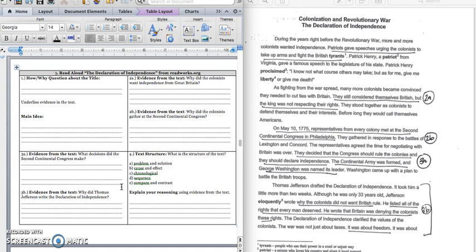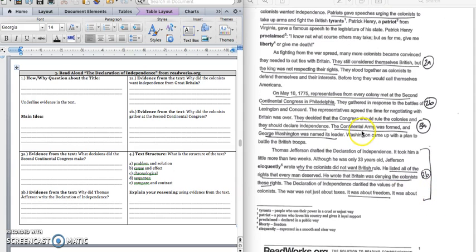It says, why did Thomas Jefferson write the Declaration of Independence? And if we go to our fourth paragraph, that's about Thomas Jefferson writing the Declaration of Independence. We know that in his declaration, he explained why the colonists didn't want British rule. And that's because King George III was denying the colonists the rights that they deserved.